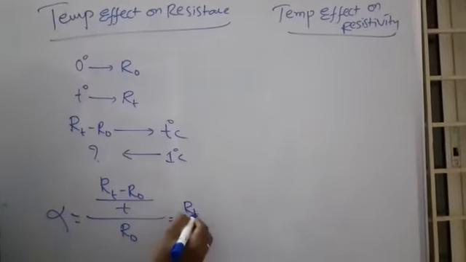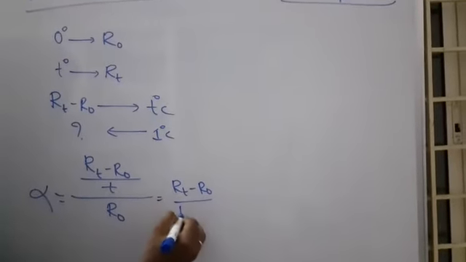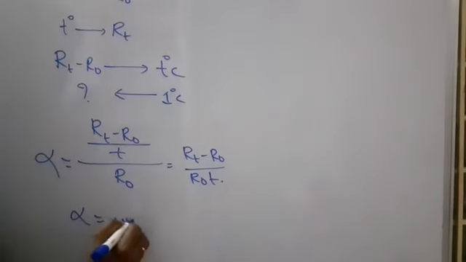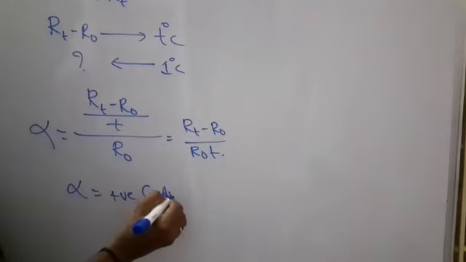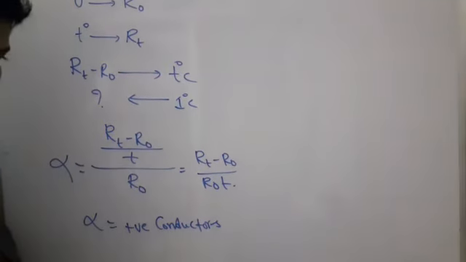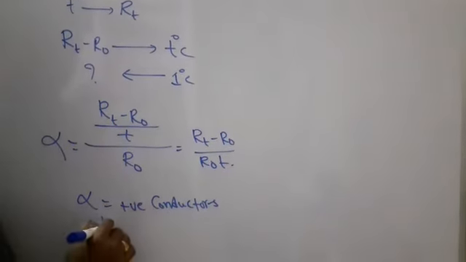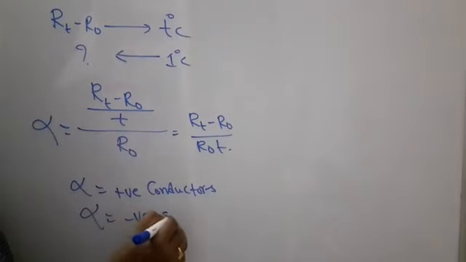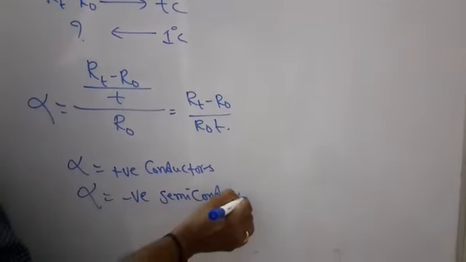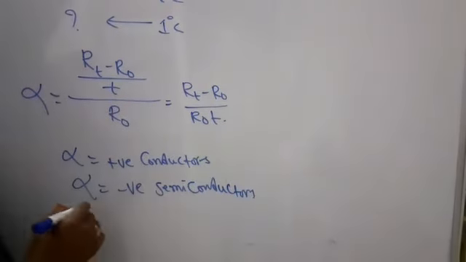Therefore, alpha is equal to RT minus R0 divided by R0 into T. Alpha is positive for conductors: when temperature increases, resistance also increases. Alpha is negative for semiconductors: when temperature increases, resistance decreases.